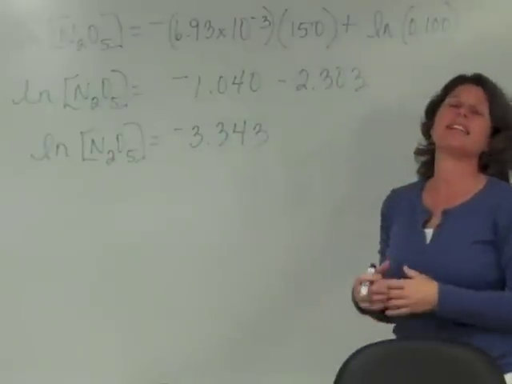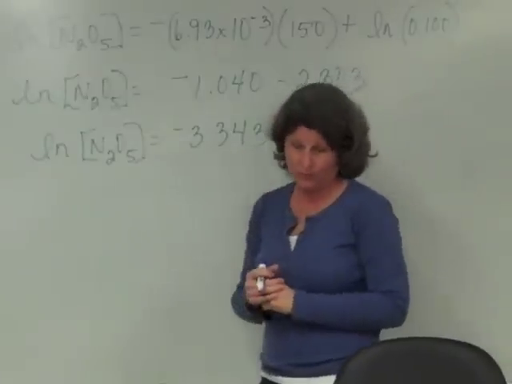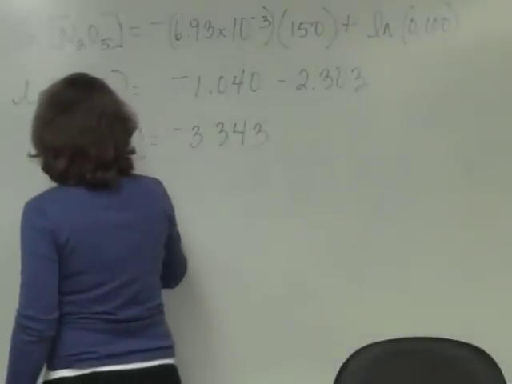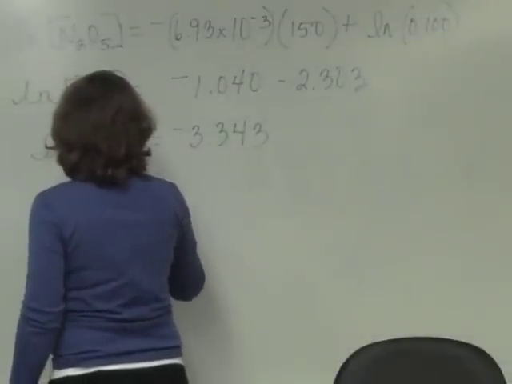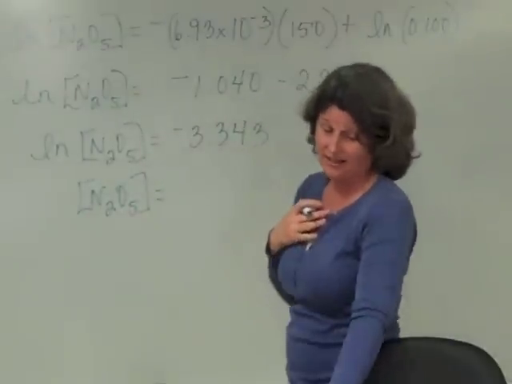Well, I have to find the anti-log of negative 3.343. And so what we do then, N2O5. Now, in my day, we called it the anti-log.